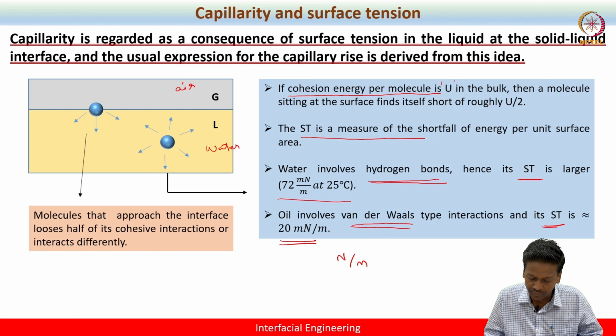So as the molecule type changes, the interactions that come along with the molecules also change, because of which the surface tension values go down. Okay, it changes drastically, right? So this is nothing but surface tension.